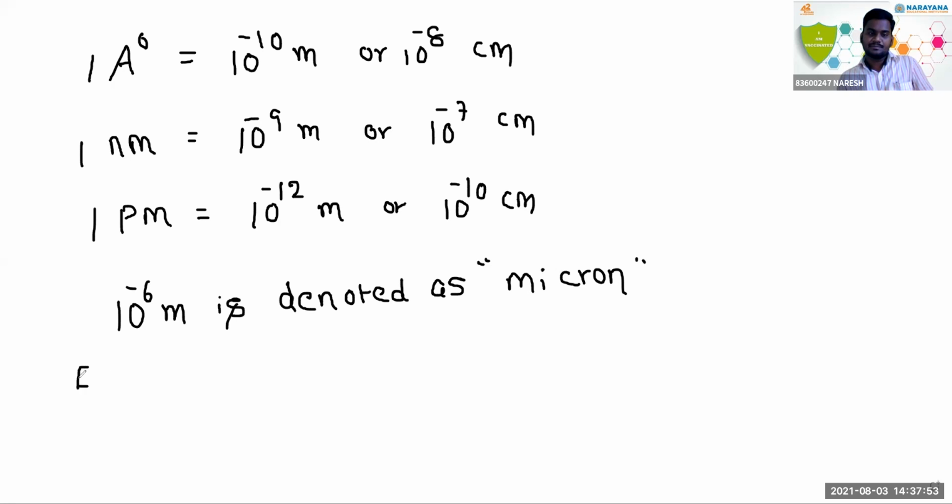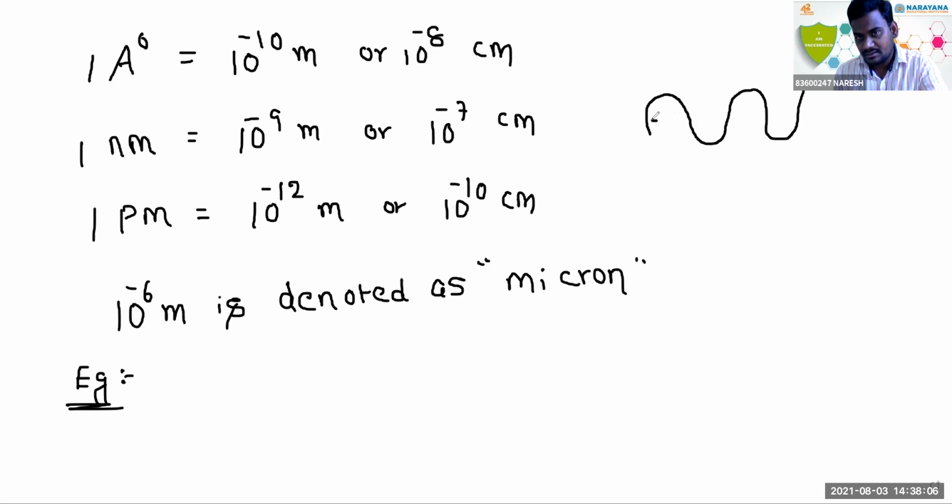Generally, if you see one example, wavelength is the distance between any two successive crests or any two successive troughs. Between these two, any two successive crests or troughs is called wavelength. Now one example, visible radiation, the light which we can see.